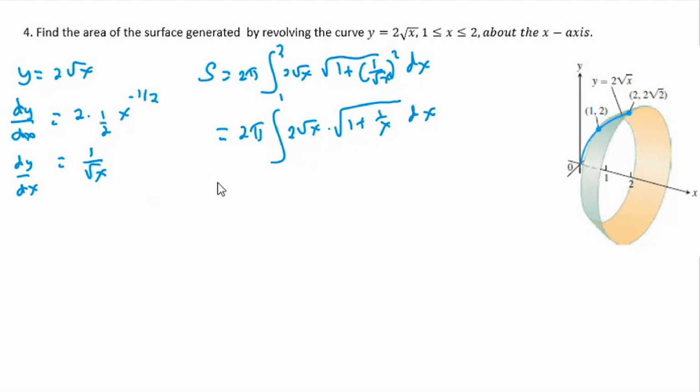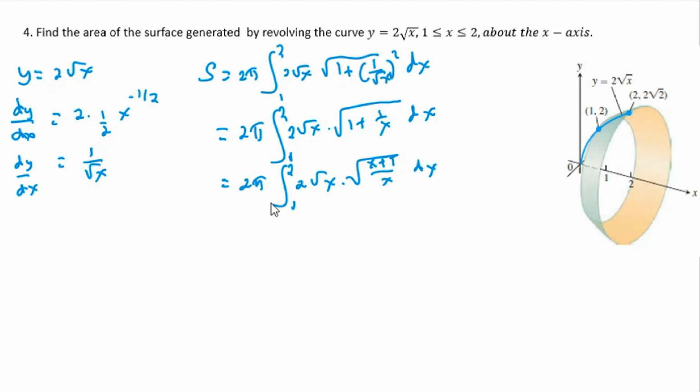Simplifying this again in that part, we now have 2 pi times the integral of 2 square root of x times the square root of, the LCD there is x, so this is now x plus 1, dx.